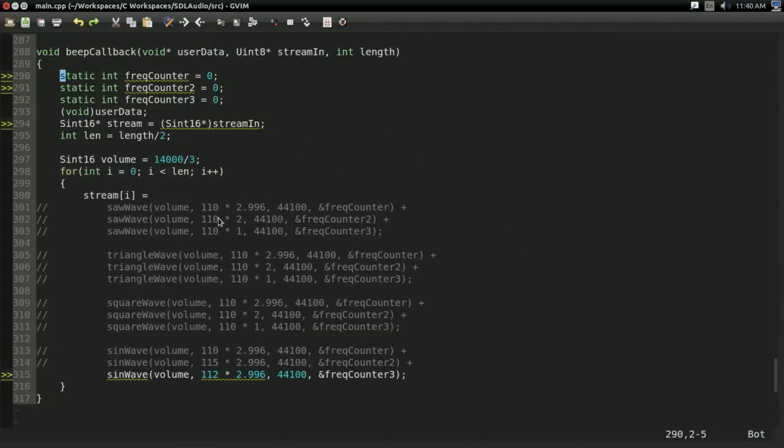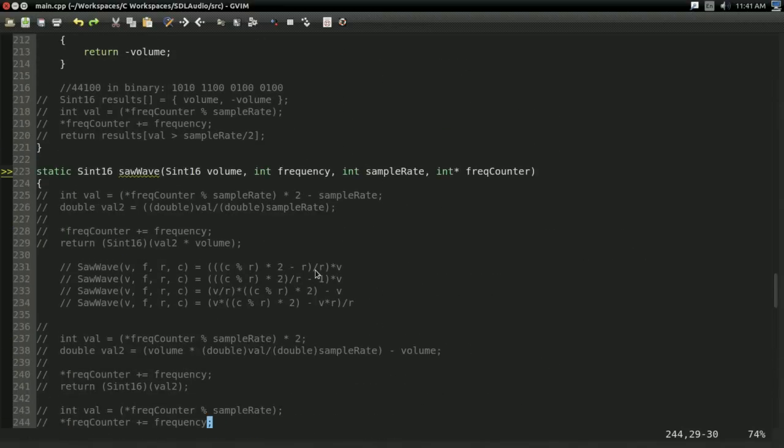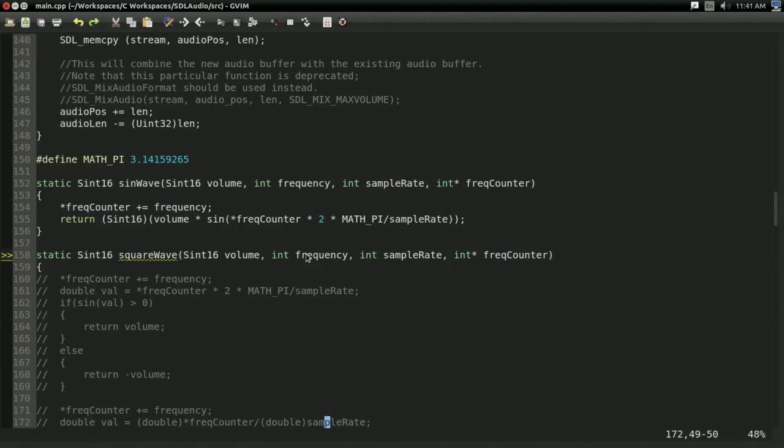All it's doing is going through the audio stream I'm supposed to be writing to, and writing a sine wave to it. So how do I generate a sine wave? Well, this is where I got something from Google again, and Google gave me this function for generating a sine wave.